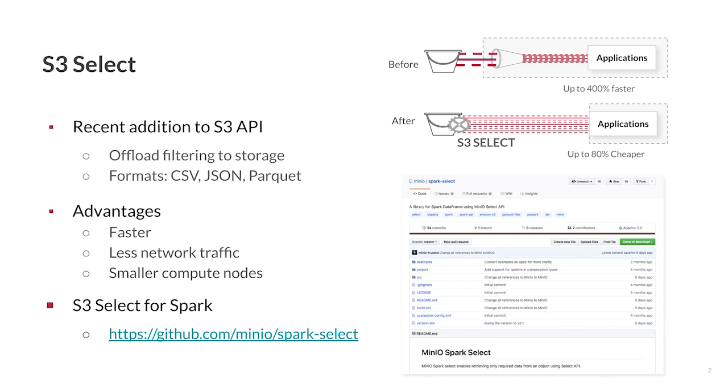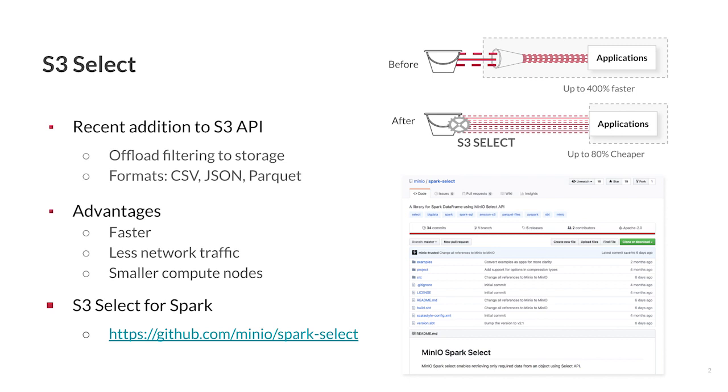What S3 Select allows you to do is, instead of retrieving the whole object from your object store, peek into the object and just retrieve a subset of the content based on certain criteria that you specify. This works for a couple of formats, amongst others CSV, JSON, as well as Parquet.